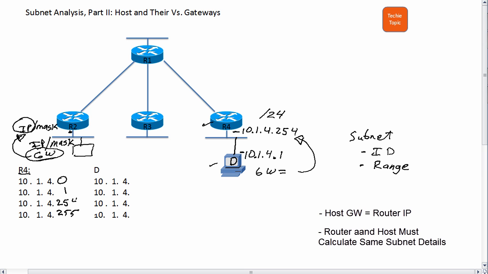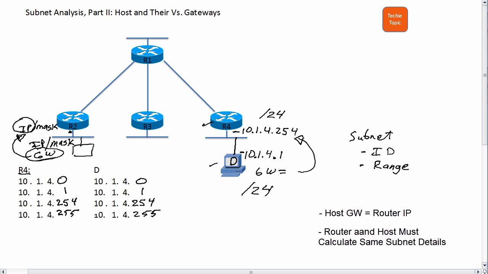Low end range, .1 as you see here in the last octet, and .254 in the last octet. Now if we do that same mask there on host D with IP address 10.1.4.1, also with mask /24, then you're going to come up with the same answer. Subnet ID ends in .0, first address .1, last address .254, and the broadcast address of .255.